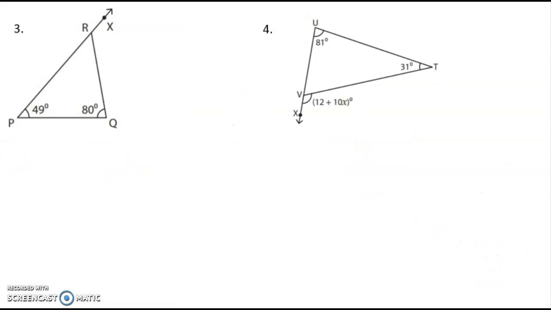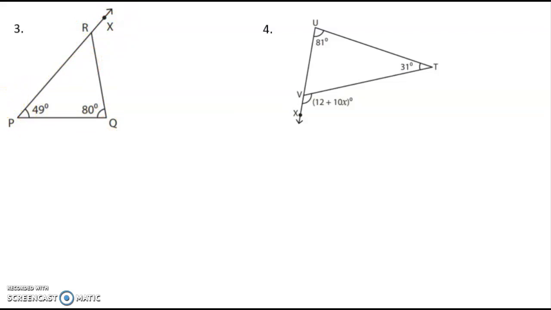Okay, number 3. We have the triangle P, Q, and R, and we have to solve for angle X. We just have one unknown, okay?